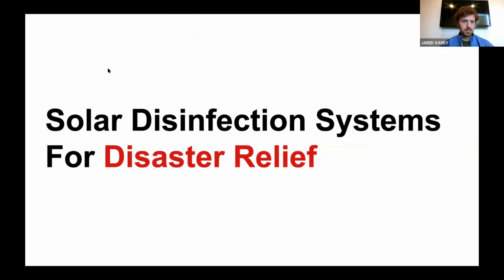Okay, so the main goal for our project is to provide clean and safe water for disaster relief, and in order to do that, we wanted to start by actually thinking about the location. Because in this case, the location is very important for us for logistic and cost aspect.